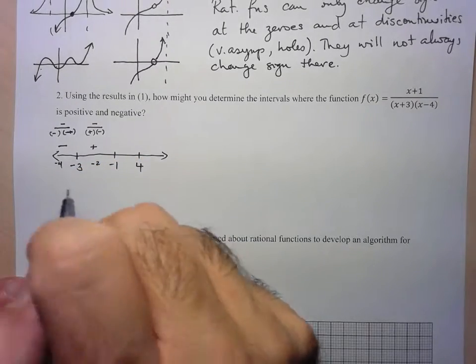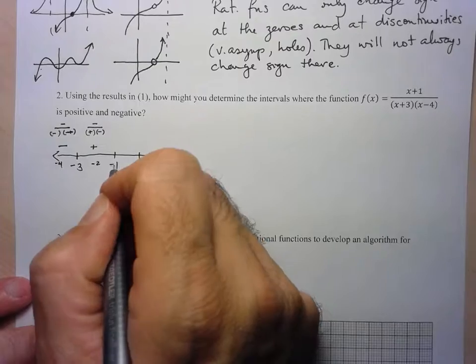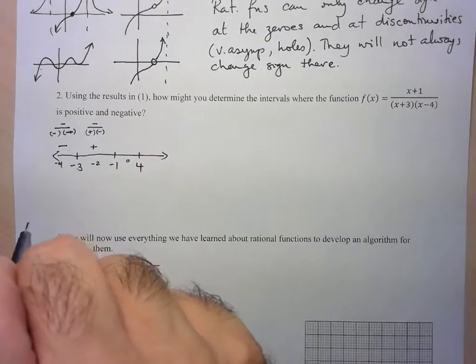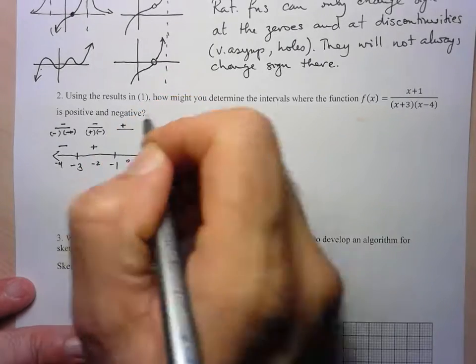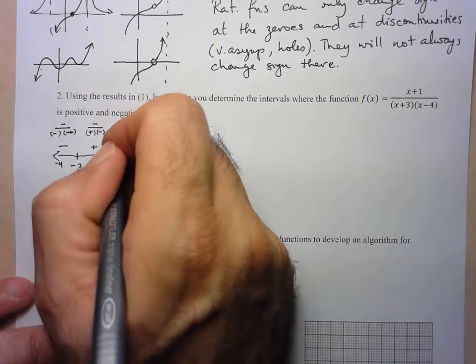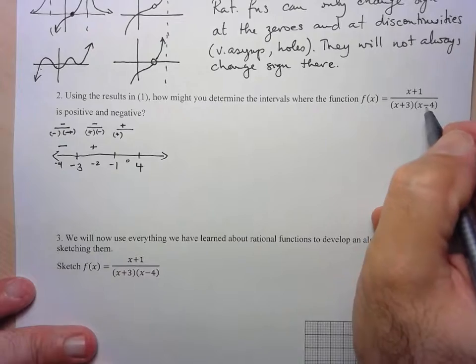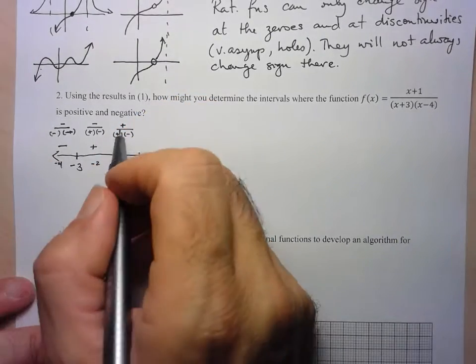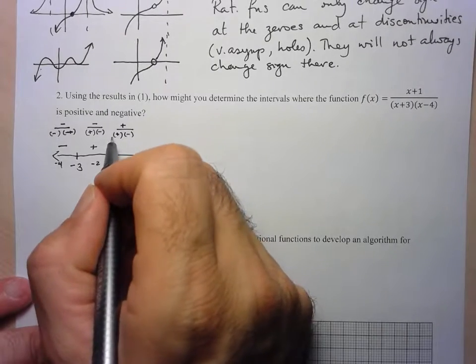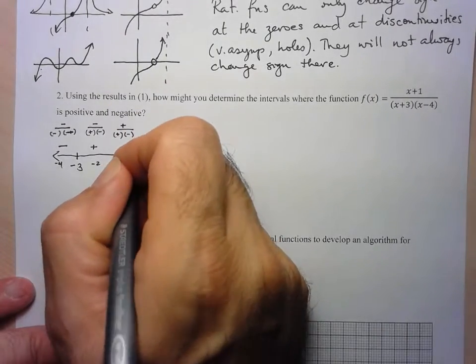And we just keep going. Let's pick a number between -1 and 4. 0 is the easiest one. 0 plus 1, positive. 0 plus 3, positive. 0 minus 4, negative. So in the end, positive divided by negative, negative.